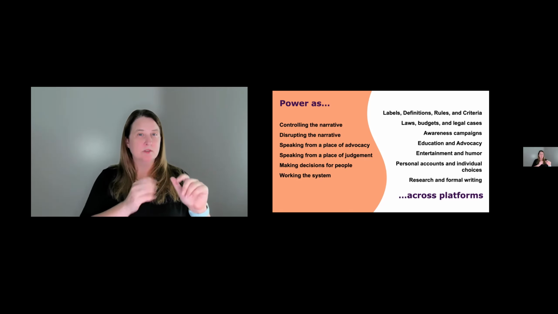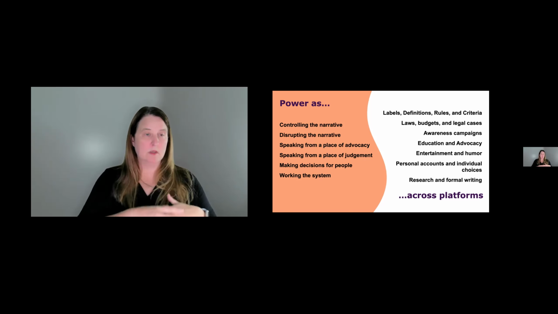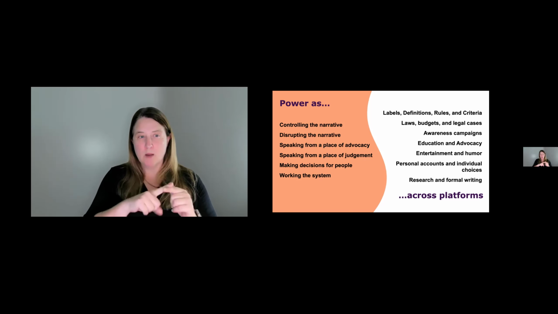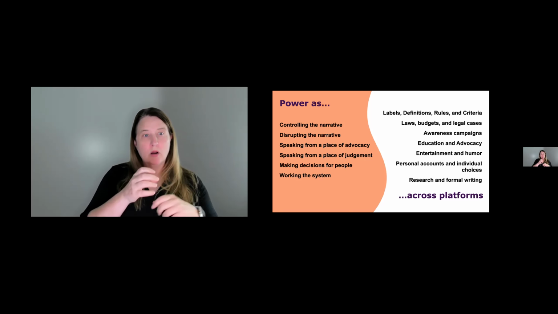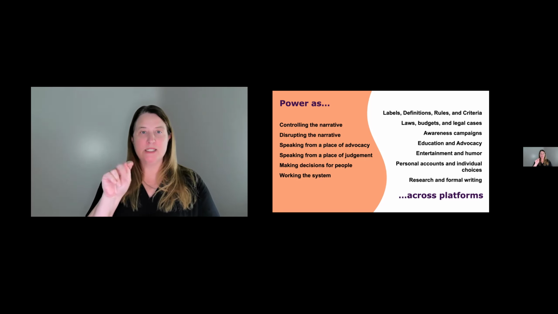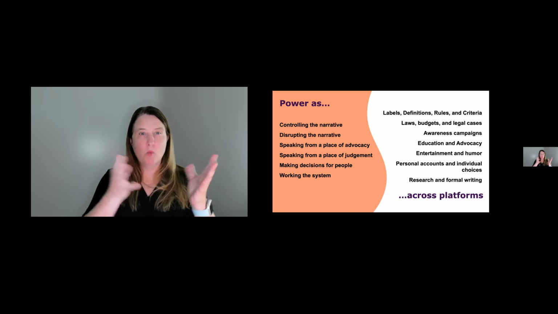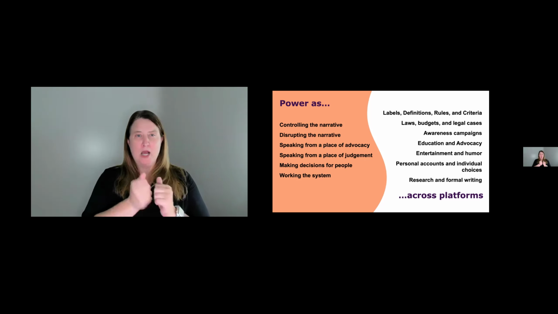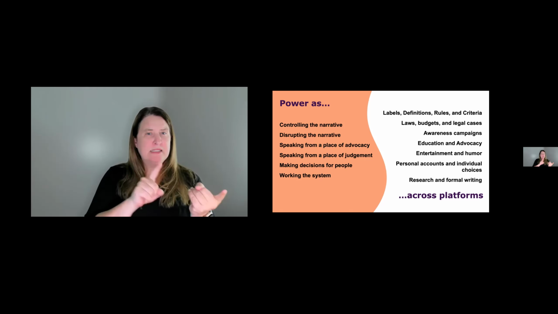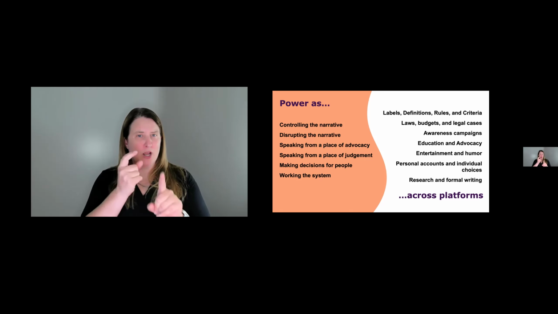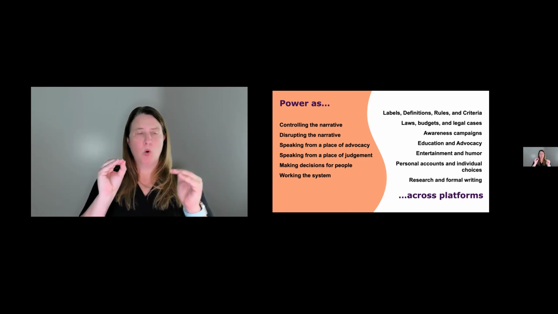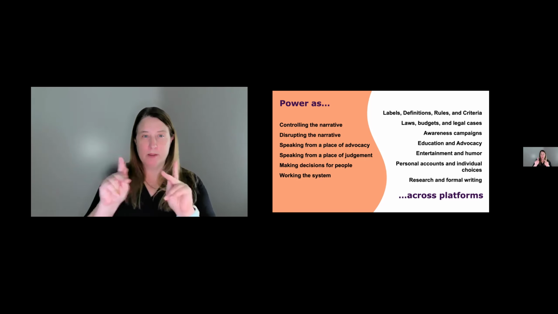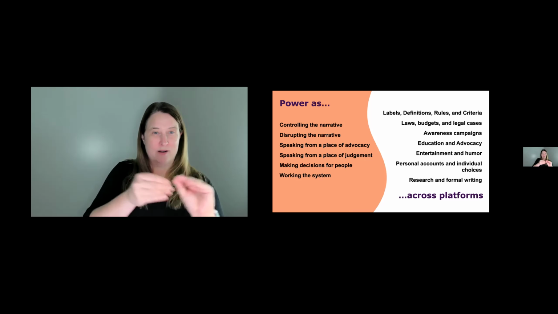So power includes, on the left, on the orange side of the slide, it talks about control, controlling the narrative, controlling the story and the message that is presented, that's out there, how to disrupt the narrative if something is not appropriate or fair or good for folks with disability.